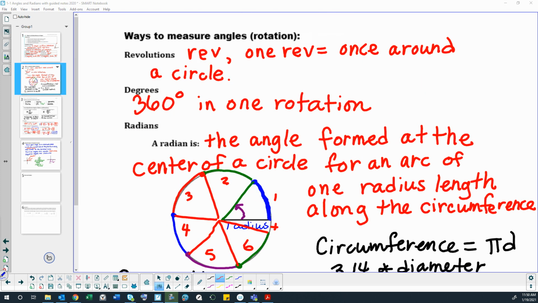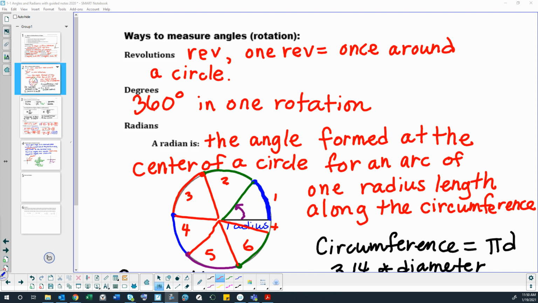There are three different ways we can measure angles. One way to measure an angle is the word revolution. Sometimes we just abbreviate it REV. One revolution means one time all the way around the circle, right? So one revolution is equal to how many degrees? 360, yeah.